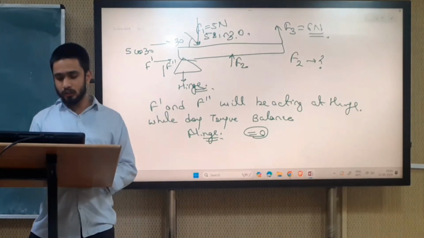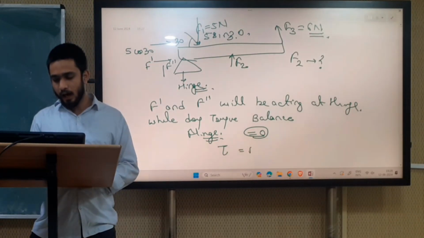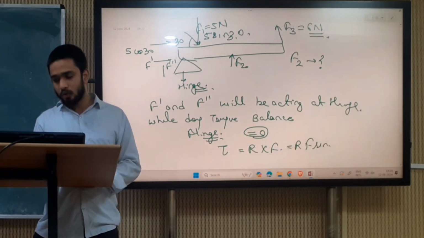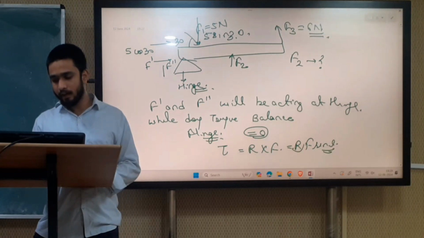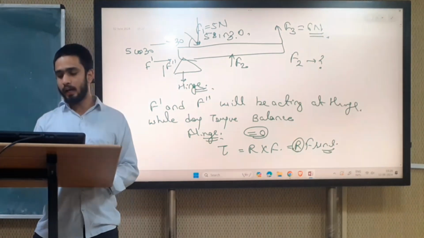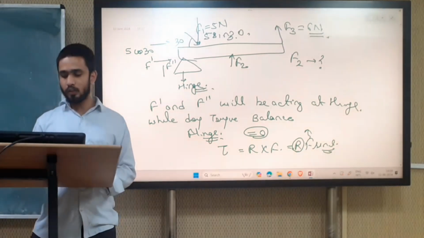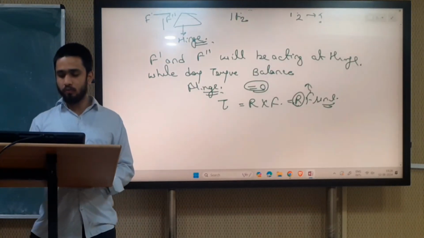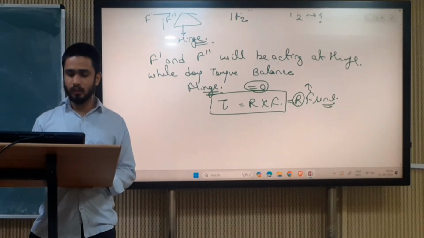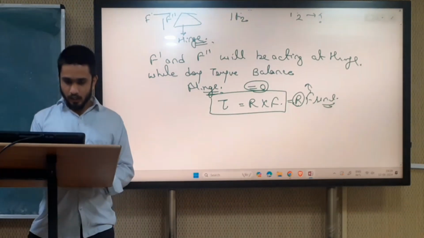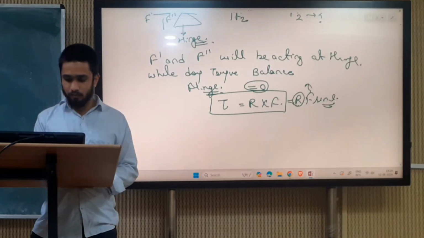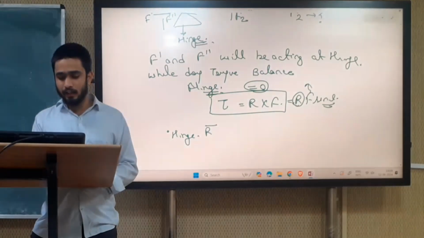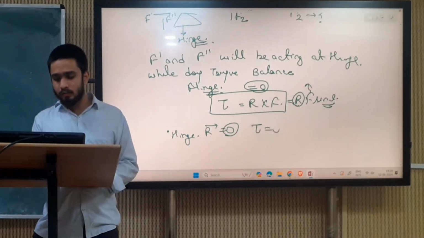Because the formula of torque is R cross F, that is R F sin theta. If the angle between the R vector, the position vector of the force, and the force itself is 0 degrees, then the torque given by it is 0. If we do the torque balance about the hinge, the R vector itself is 0, so torque is 0.